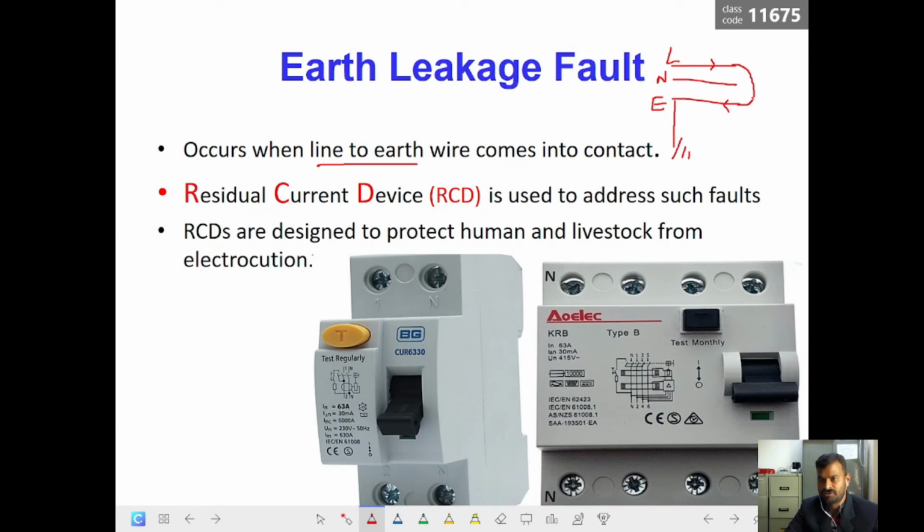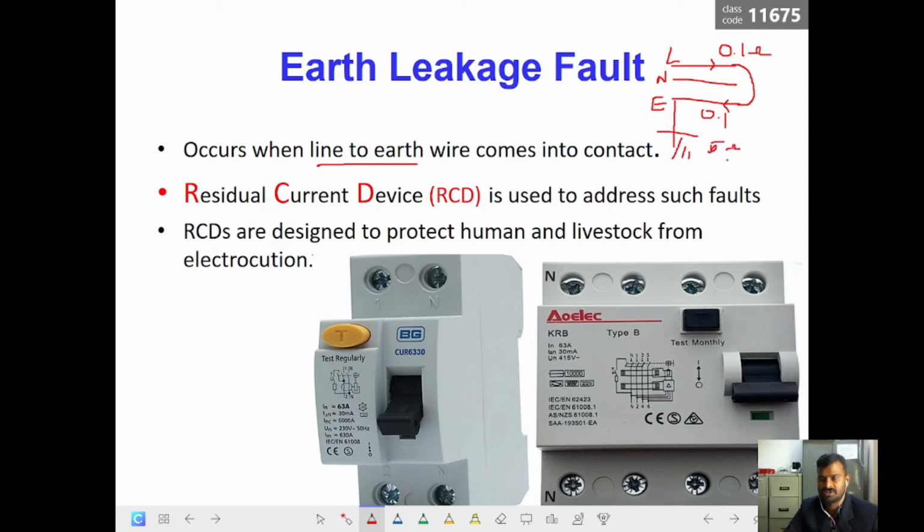Here a huge amount of current would flow. If you are not using the RCD, in this case the MCB will trip, because the earth conductor resistance may be 0.1 ohms, the line conductor resistance let me assume 0.1 ohms, and the earth pit resistance or ZE, consider that to be 5 to 10 ohms.